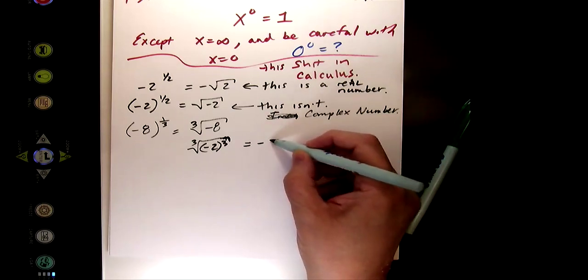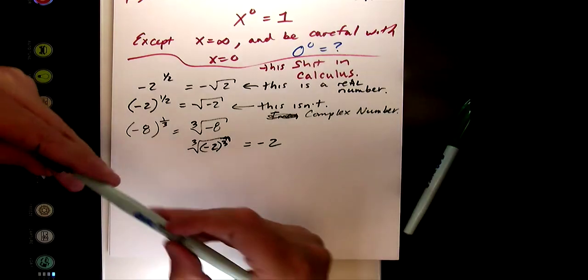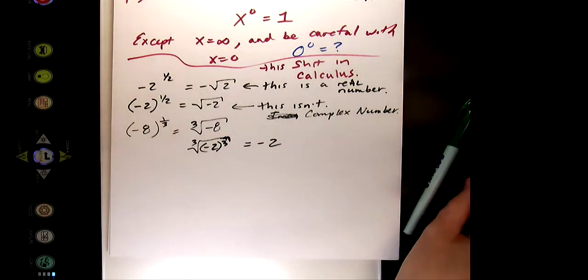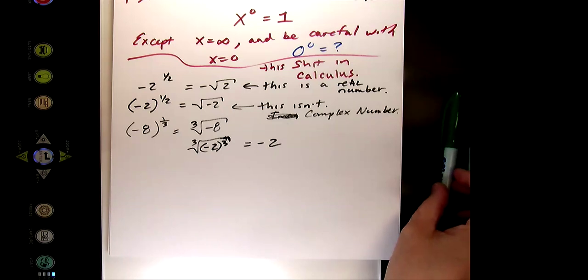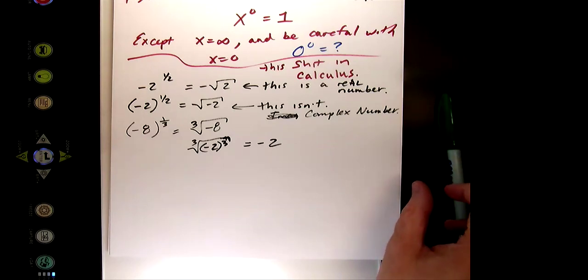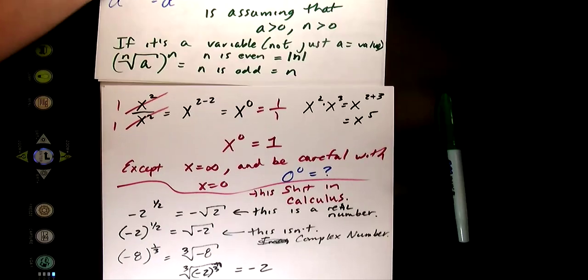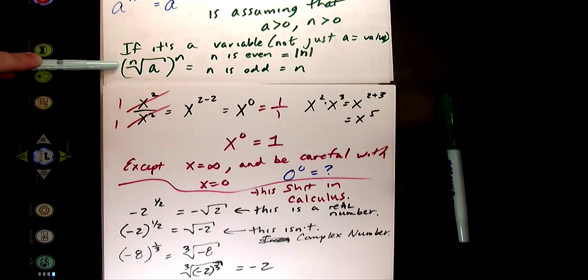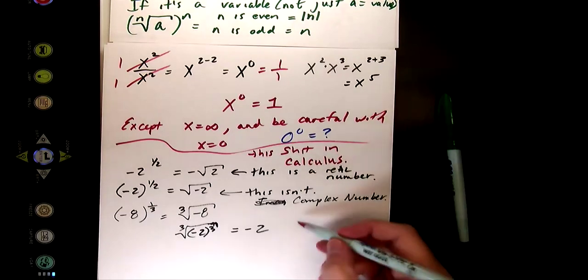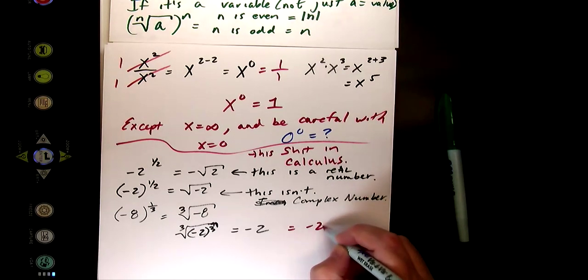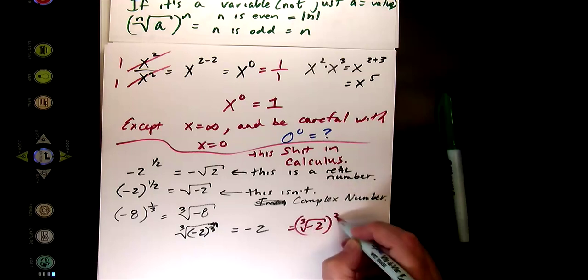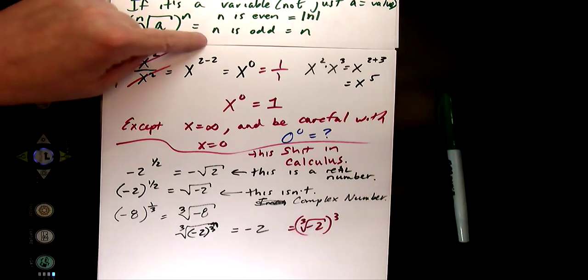This is going to be -2 as the answer. This relates to what I was just saying. This is in that n is odd category, because this is also the cube root of -2 cubed.